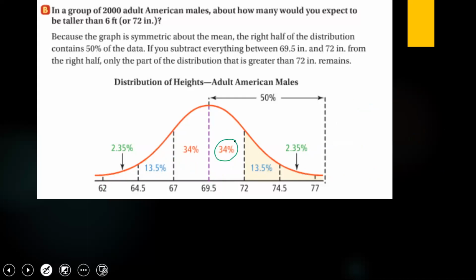But if you add 34 plus 13.5 plus 2.35, you will not get 50. Let's add the numbers first: 99.7 divided by 2 gives 49.85. So the area from 69.5 up to 77 is 49.85.